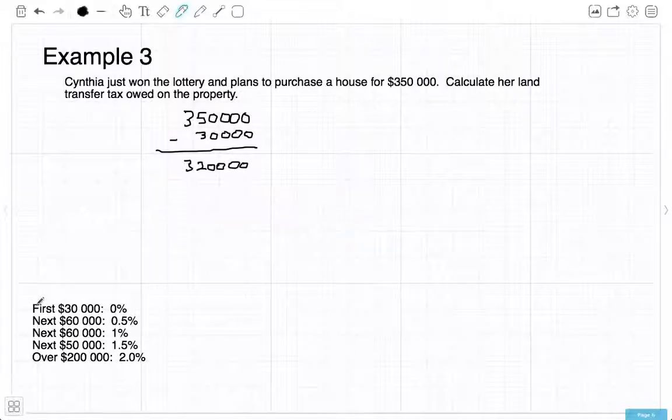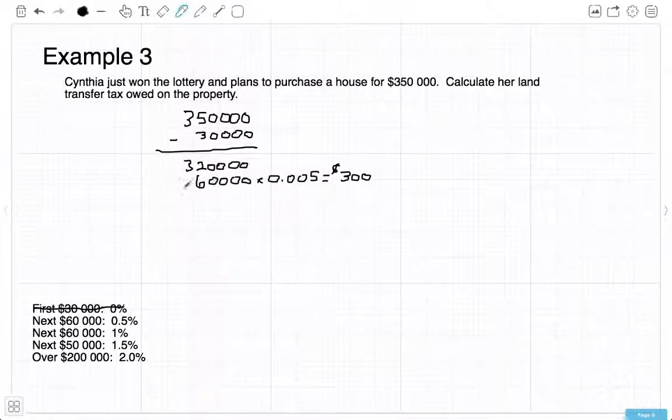Okay, that takes care of that first line. So the next 60,000 is taxed at 0.5%. Again, I'm way over 60,000, so I'm just going to write down the 60,000 that I'm going to tax here, and I'm going to tax that at 0.005, just like example 2. 60,000 times 0.005 is $300.